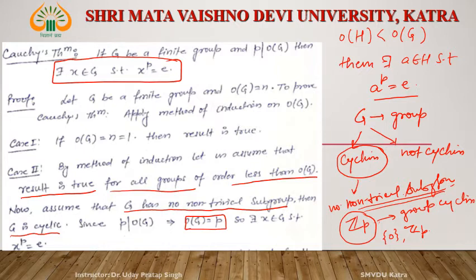If the order of G is P and G is cyclic, then there exists an element whose order is P, that is, the order of x is P. Then x to the power P is identity. It means the result is true if G has no non-trivial subgroup.